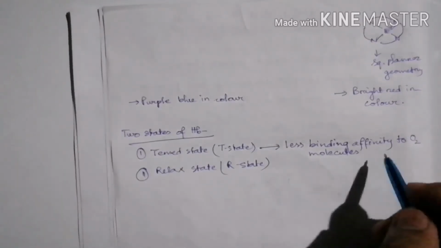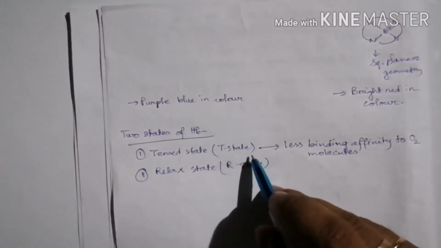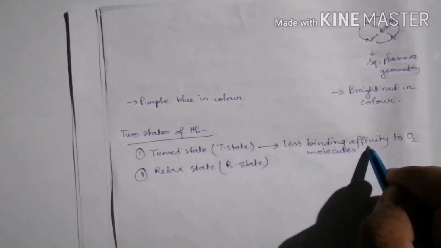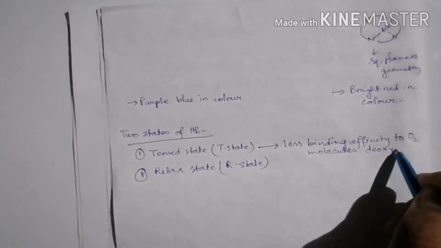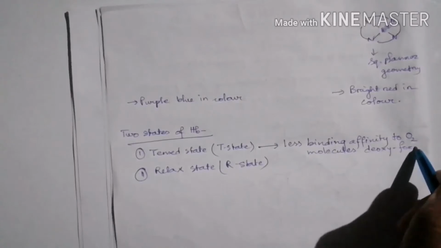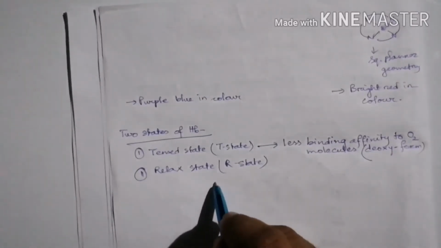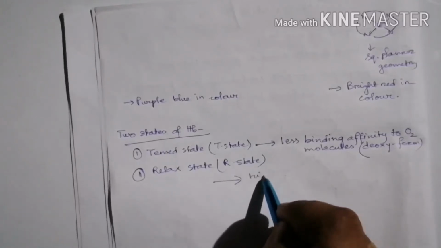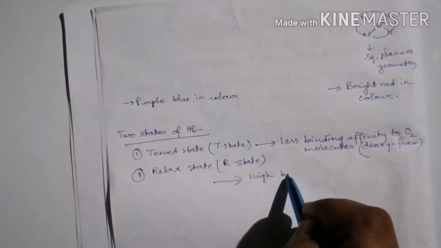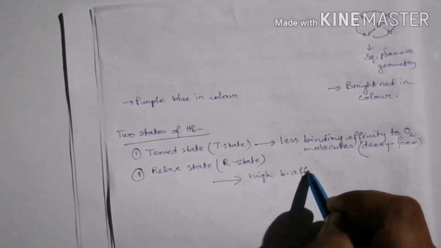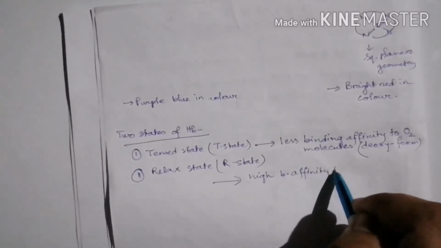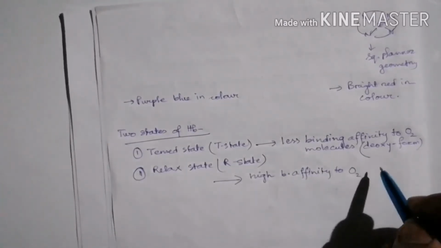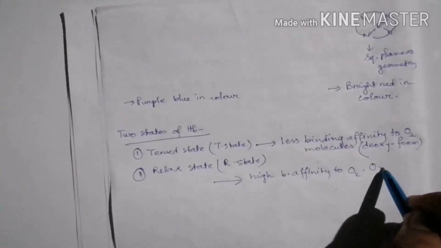In other words, the tense state refers to the deoxy form, and the relaxed state has high binding affinity to oxygen and so represents the oxy form.